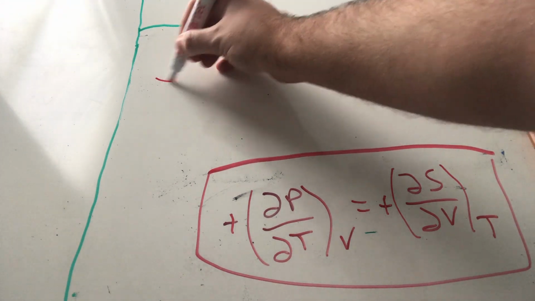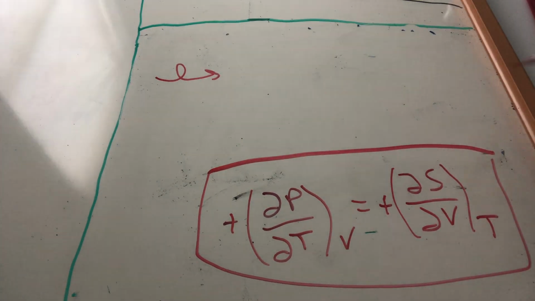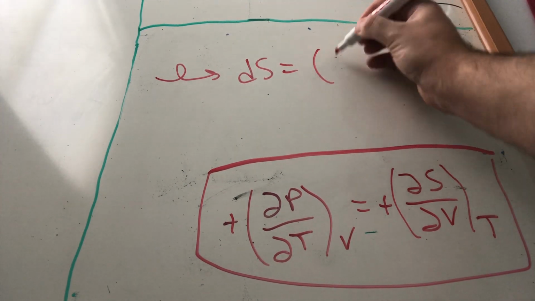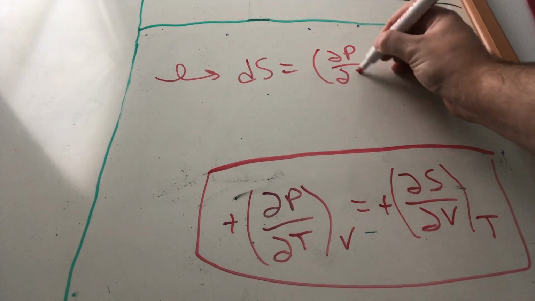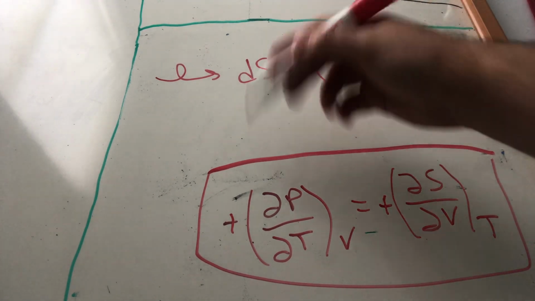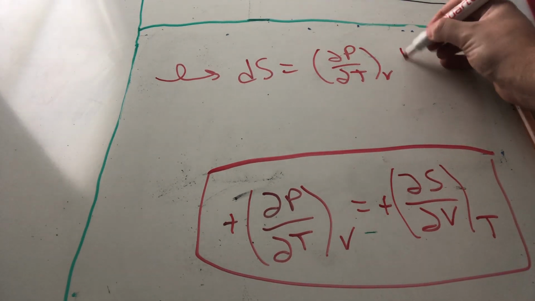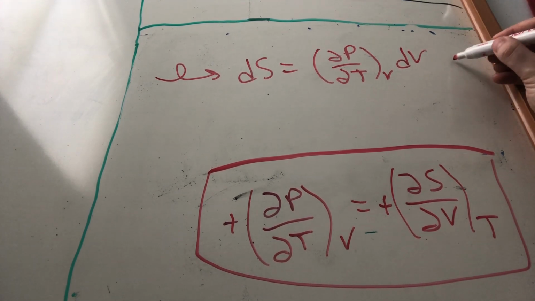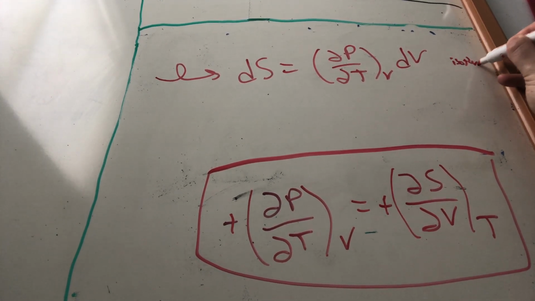So what I'm going to do is rearrange this and solve for dS. So dS looks like partial P, partial T at a constant V, using this Maxwell relationship. I have to take the dV to the opposite side. I'm going to remind myself that this is for an isothermal process.